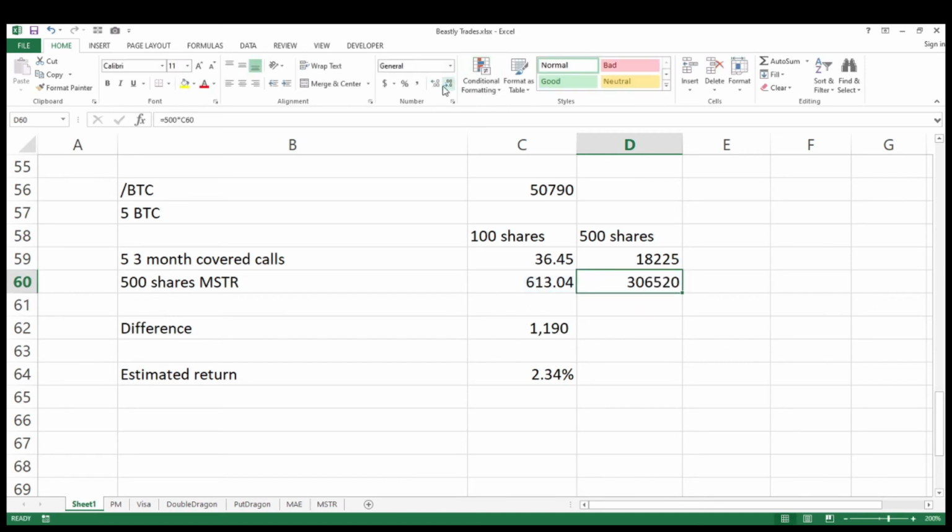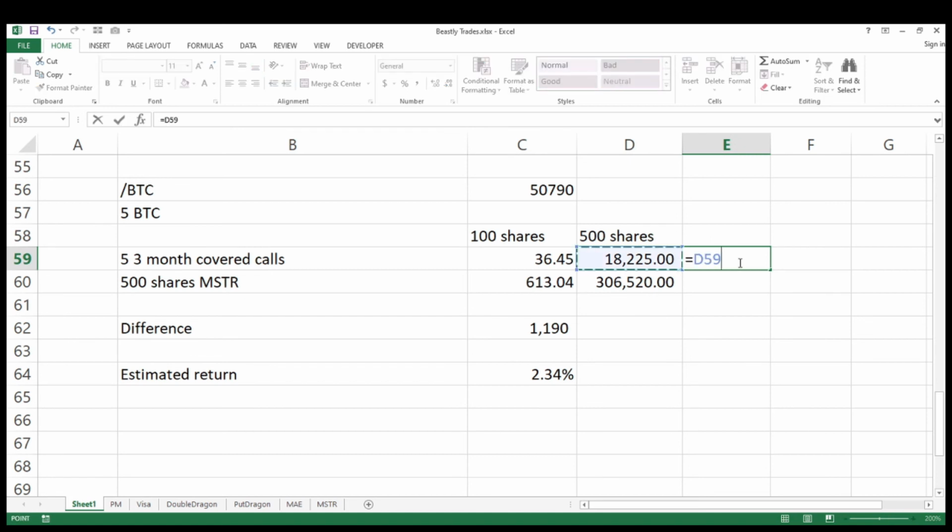As you see, if you decided to do 500 shares of MicroStrategy, you have to put out 306,520, but you would collect 18,225 if you decided to do 5 times 3 month covered calls.